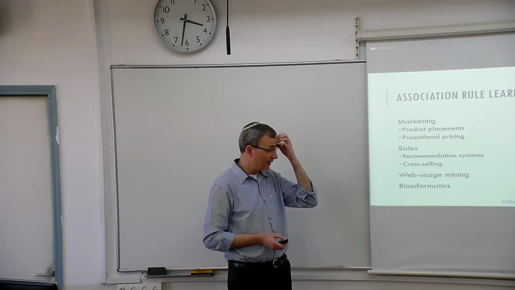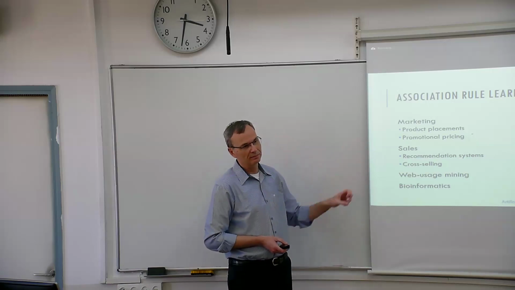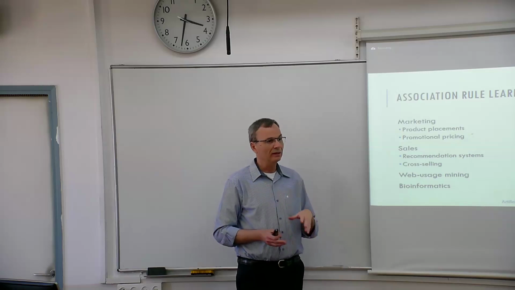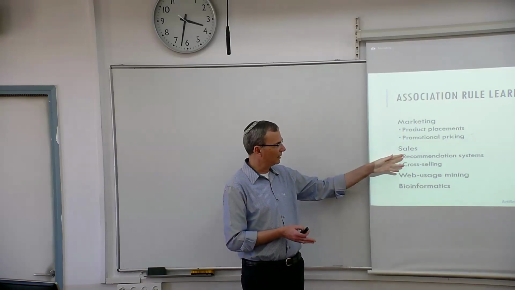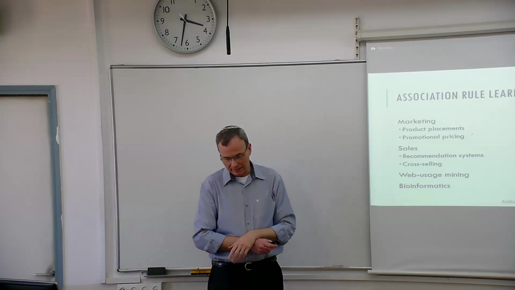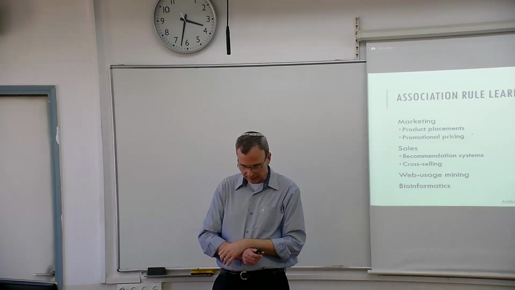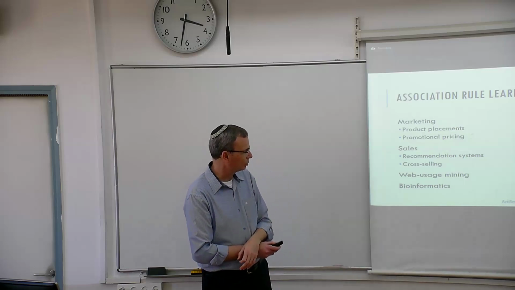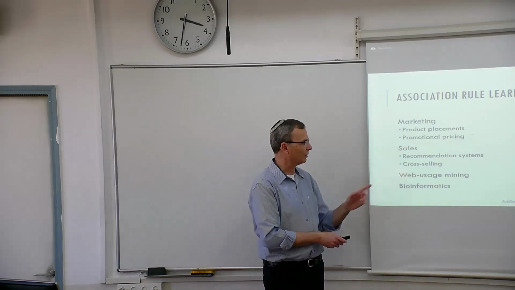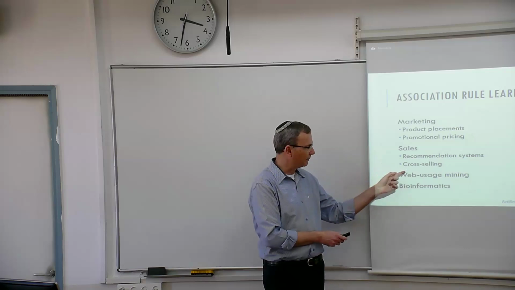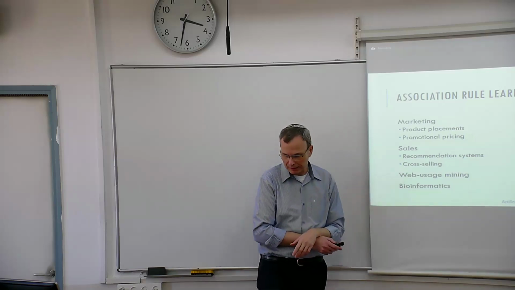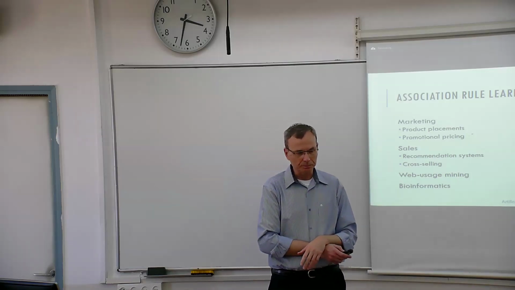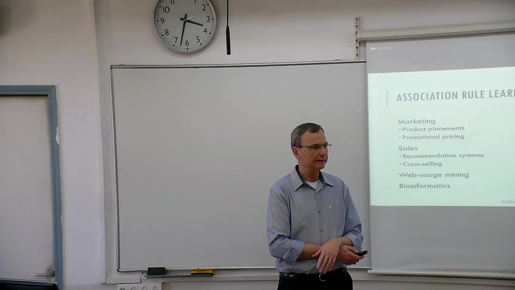However, I can say that whatever you can do with this method, you can probably do much better and more easily with classification methods if you would like to do a recommendation system or cross selling. It's very similar. People are also using it to try to understand the usage of web pages, and I'm going to speak about this later in one of the lectures, and in bioinformatics, which I'm not going to get into. Questions about this?